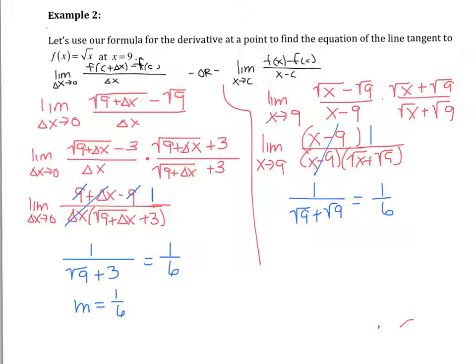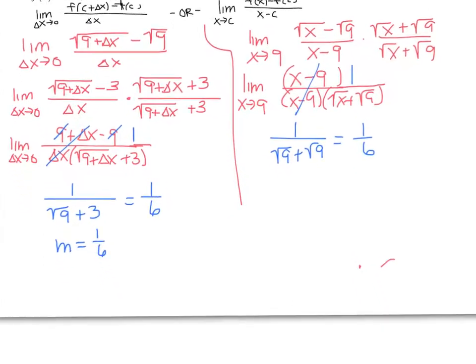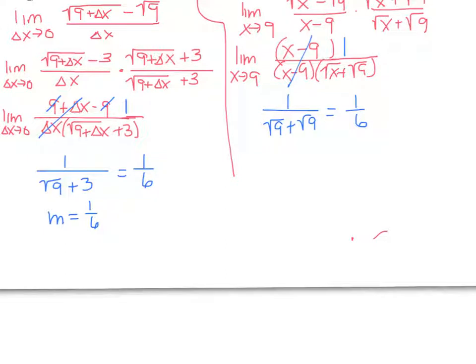It's really personal preference. But that now tells us, because we want to find the equation of the line, that the slope is 1/6. If we plug in 9 as our x value, we get out 3 as our y value, so we have the point (9, 3).